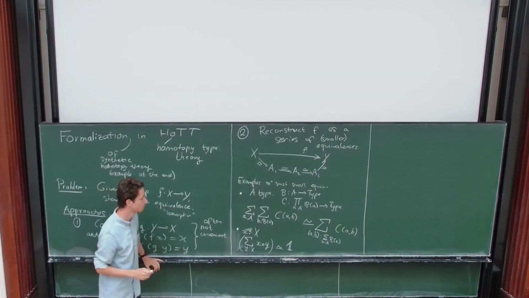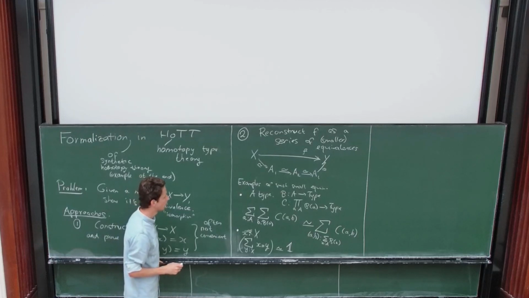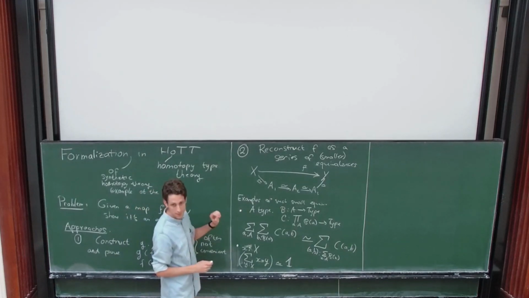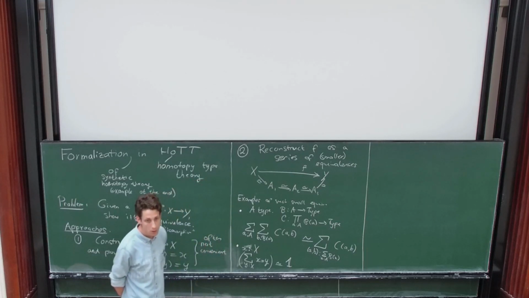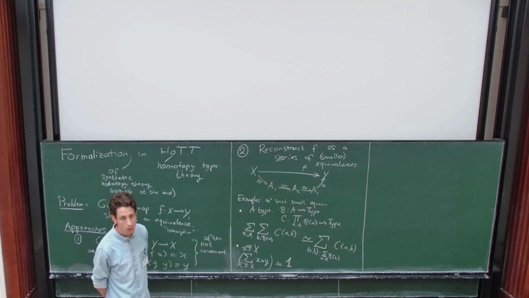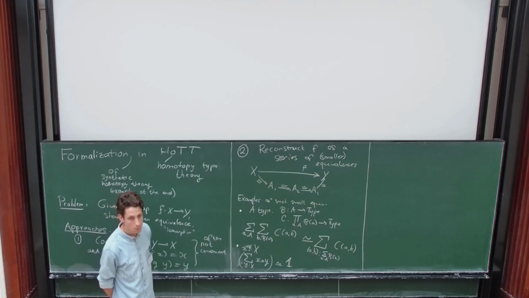Okay. Yes, please. When you are doing this formally in the proof assistant, like when you're just hand waving, you can still use this. You just look at a part of the formula and you say, oh, this is obviously just the identity, and you replace it. But is there a particular order in which you need to do it when you are programming, like from outside in, or is that an issue?